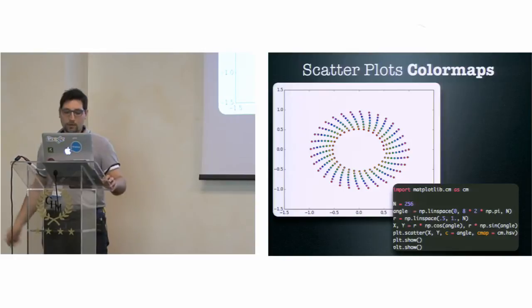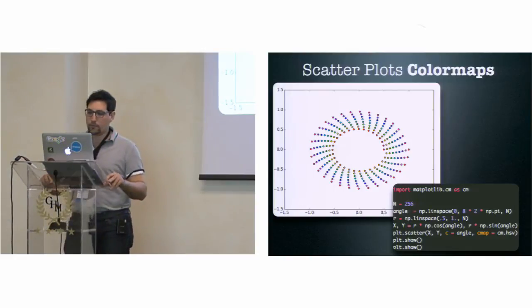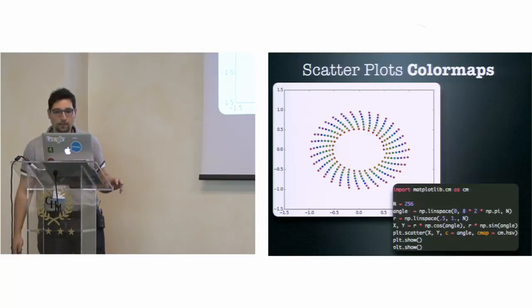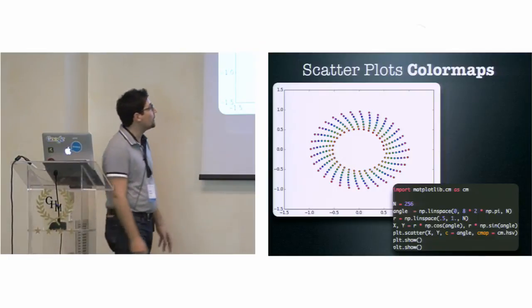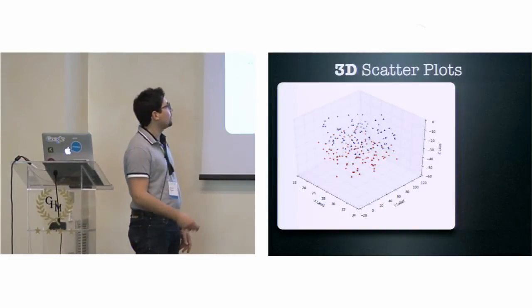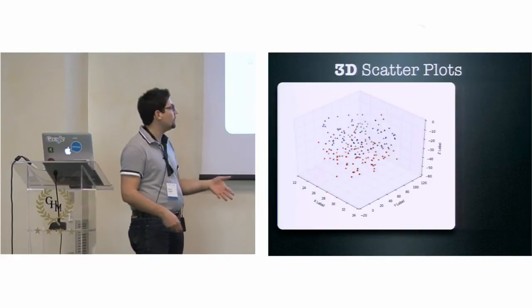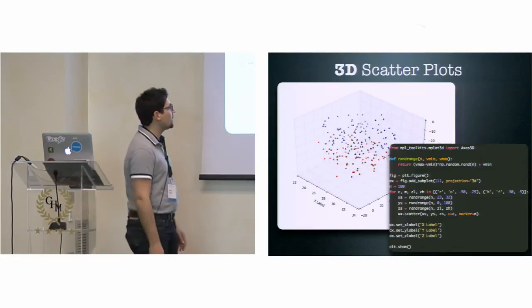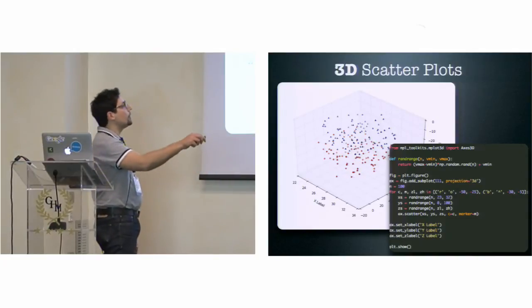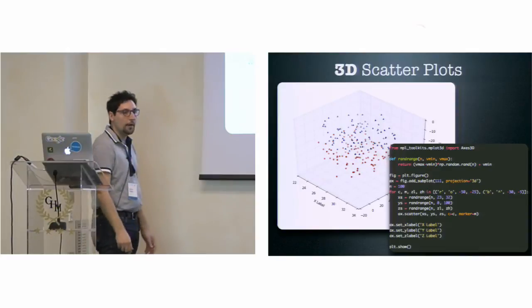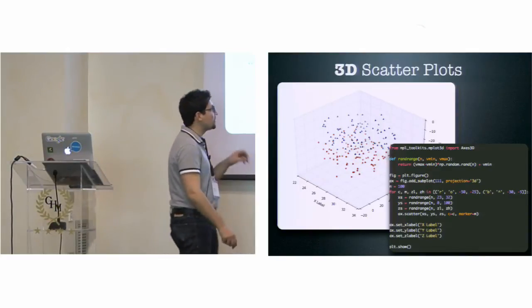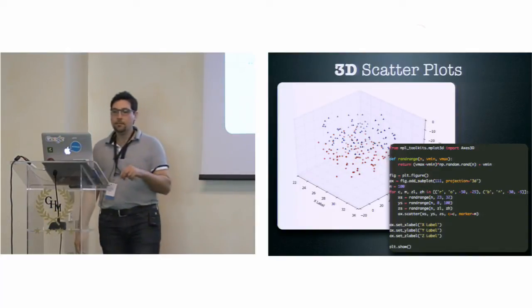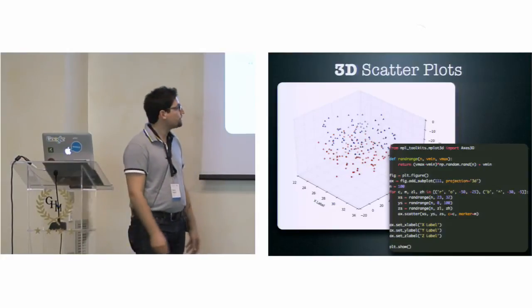Okay, I told you before that we may also create 3D scatter plots. So we may view scatter plots in a 2D representation or in a 3D representation. This is the code to do this. We have to use the Mplot3D library, which is built in Matplotlib, provided out of the box.